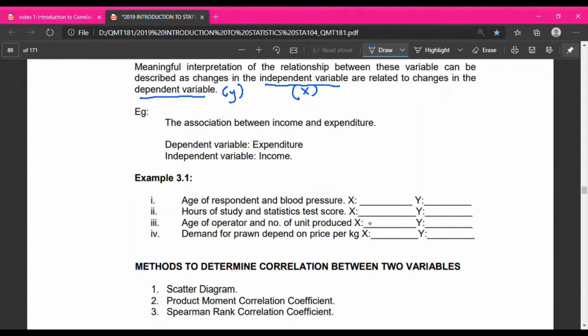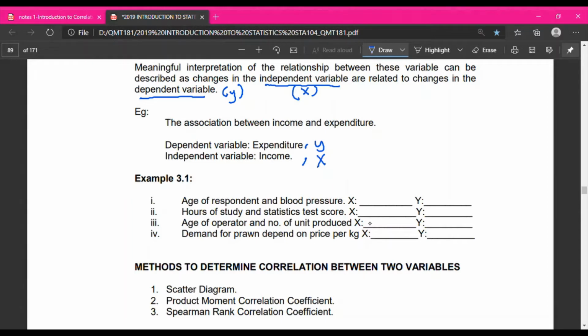So kat sini income ataupun expenditure will be your dependent variable and independent variable. So kat sini expenditure depend on income. Kan? Banyak mana kita spend adalah depend on income. So sebab itulah dependent variable will be the expenditure dan income will be the independent variable. Okay, this is y, this is x. Expenditure is depend on income.